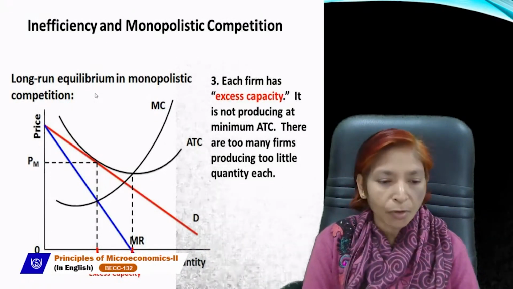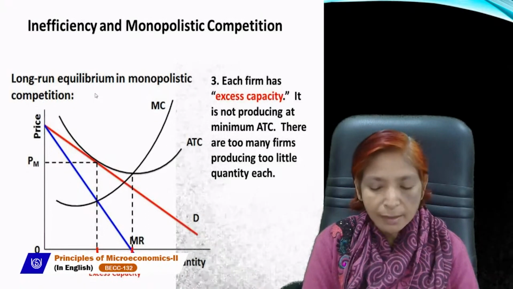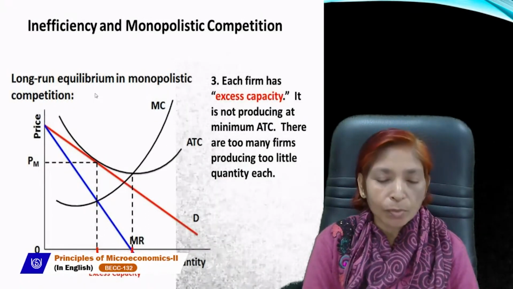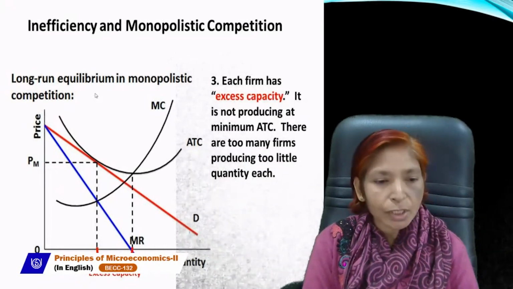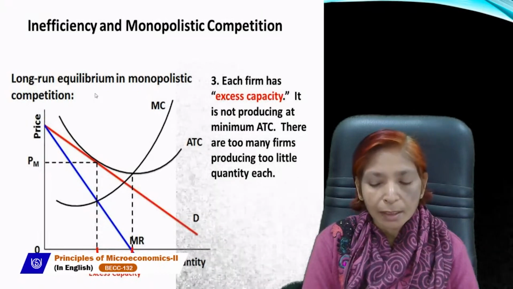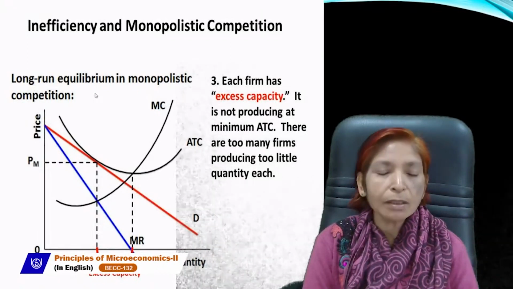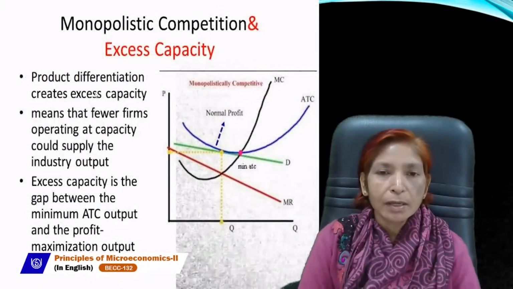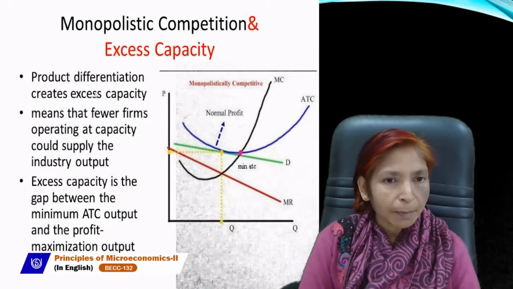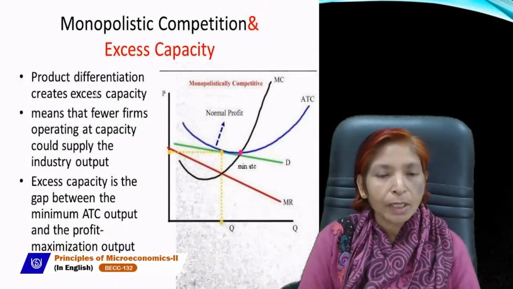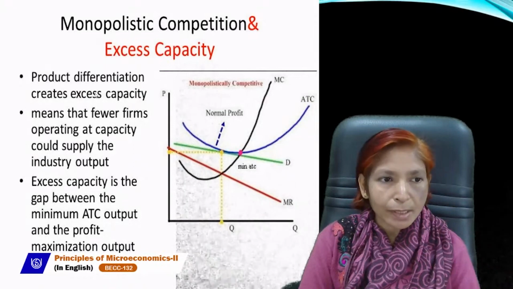This type of loss is called excess capacity. It means the firm has excess capacity to produce more but is not using this capacity efficiently. That's why this concept occurs under the monopolistic competition market. Monopolistic competition is related to the excess capacity concept, which always occurs due to inefficient allocation of resources.